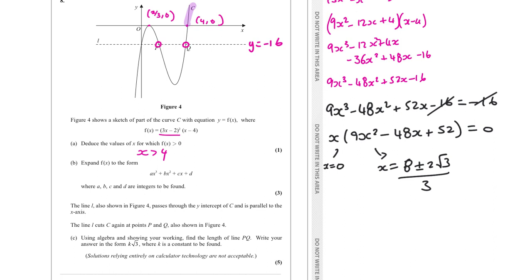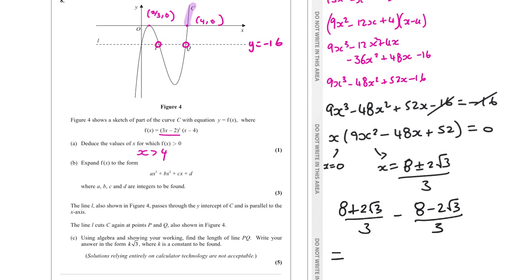So now I have two coordinates. How am I going to find the distance? Well, lucky for us, we don't have to use Pythagoras because we know they're on a straight line. So if we find one, we just take it away from the other. Okay? So we're going to do 8 plus 2 root 3 over 3 minus 8 minus 2 root 3 over 3.